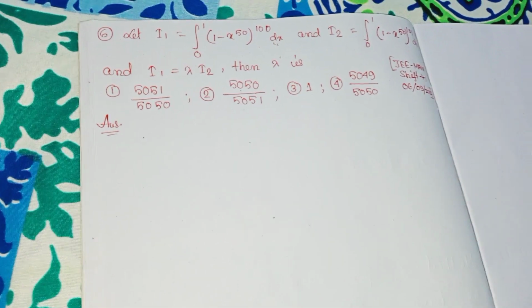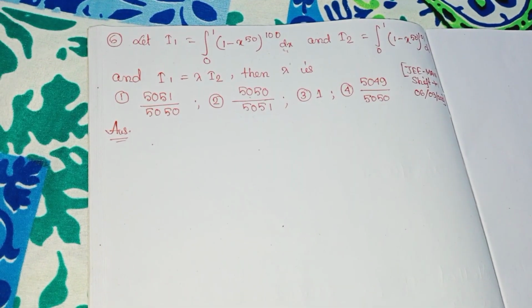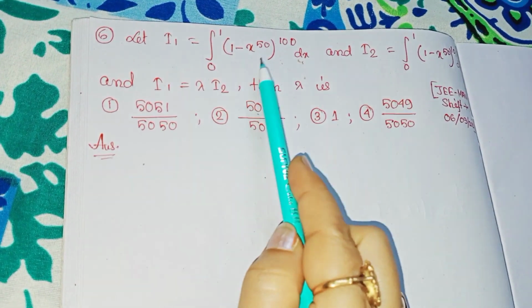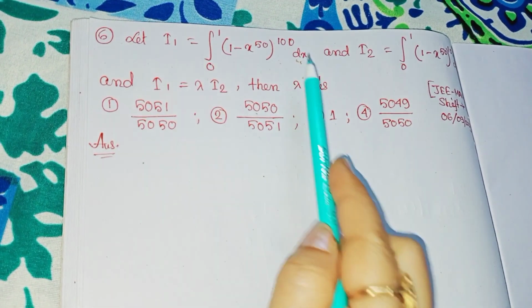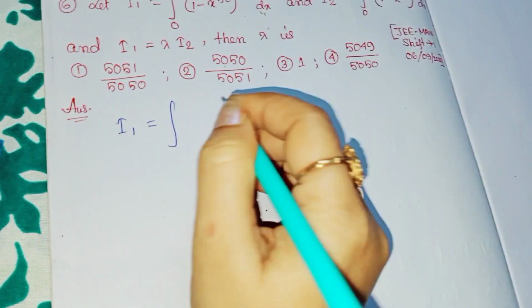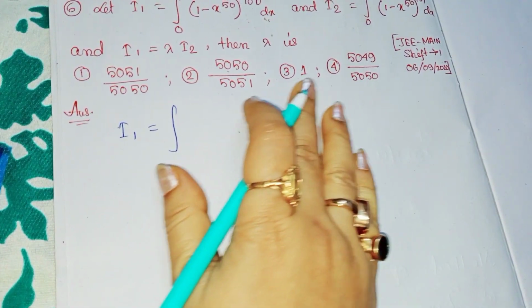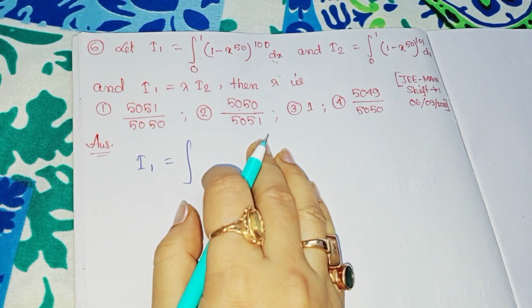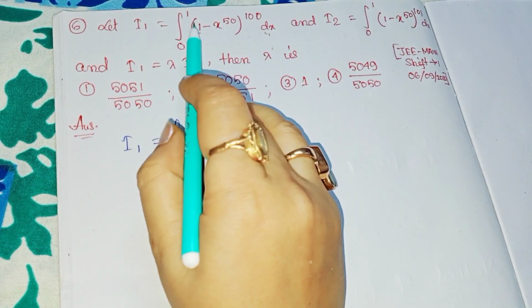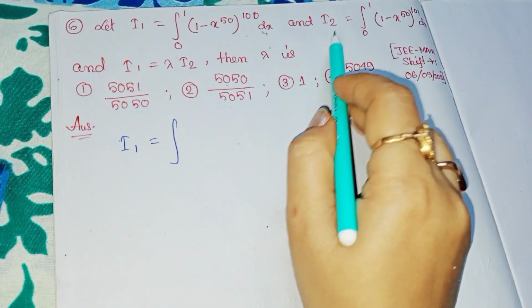At first, our given integral I1 is equal to the integral from 0 to 1 of (1 minus x to the power 50) whole to the power 100 dx, and I2 is equal to this.